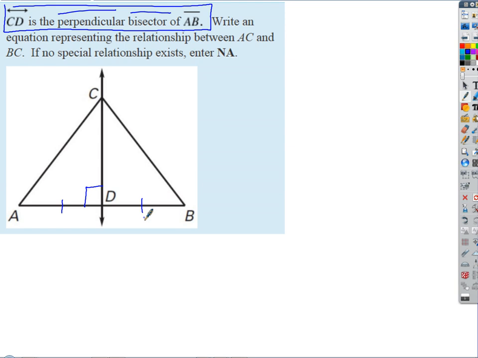We learned the perpendicular bisector theorem. It said if a point, in this case point C, lies on the perpendicular bisector of a segment, in this case segment AB, then what? Something important came out of that.